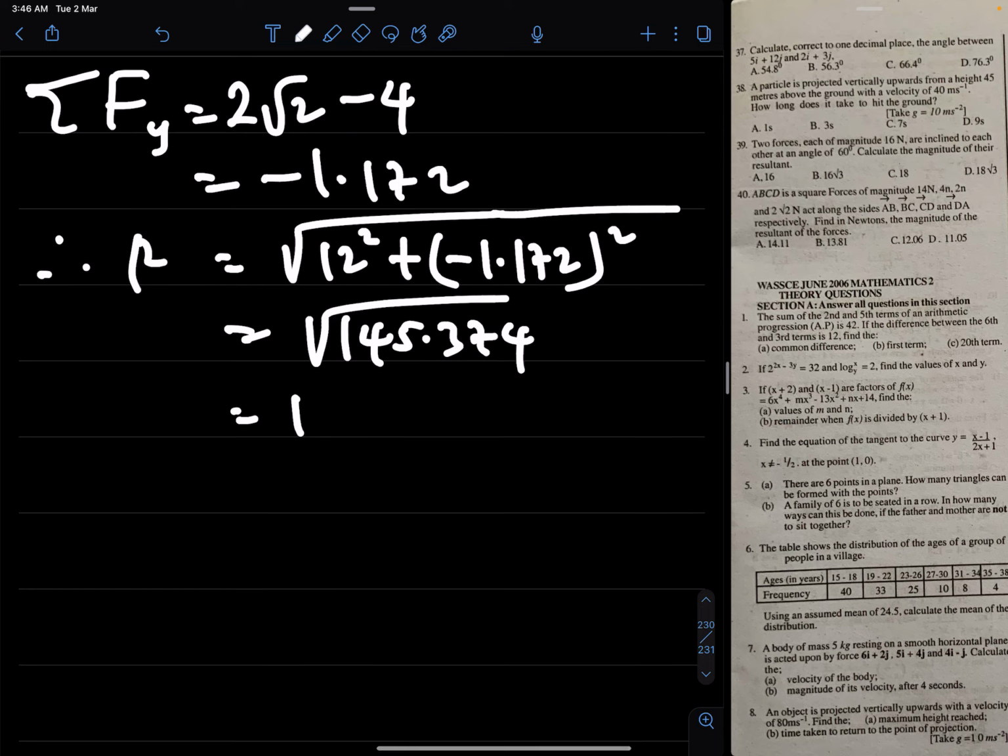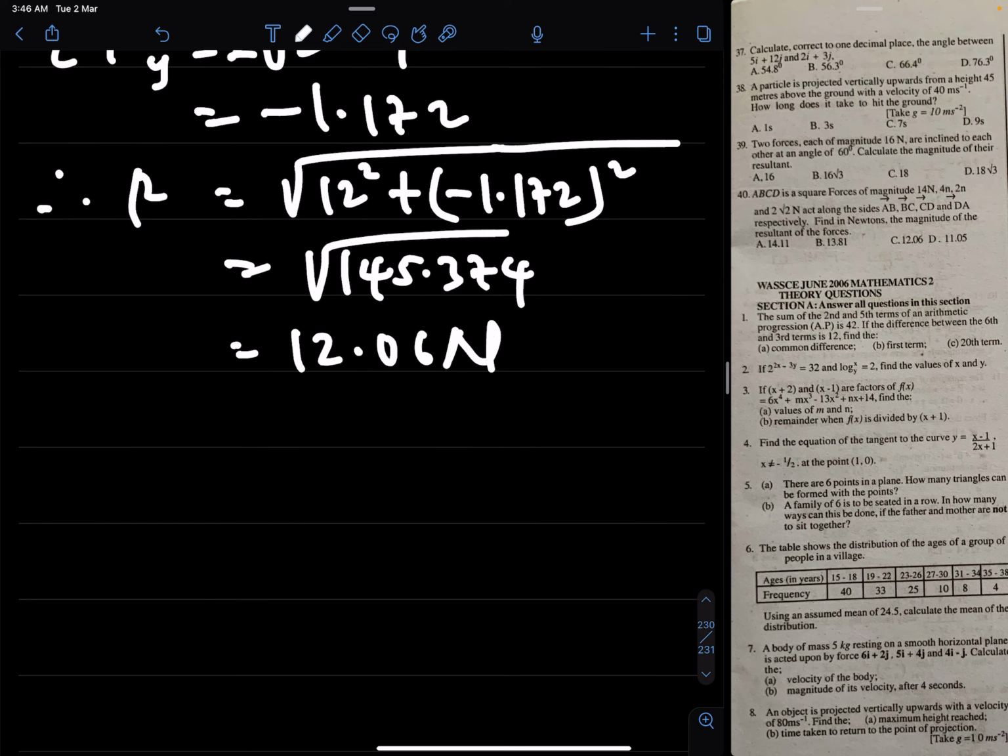And the square root of the answer is 12.06 newtons. Wow, and that's C.